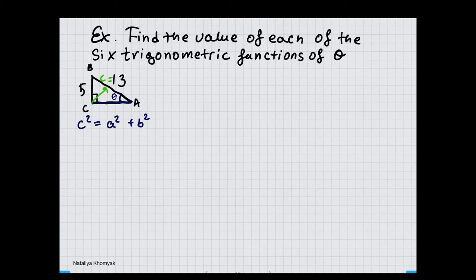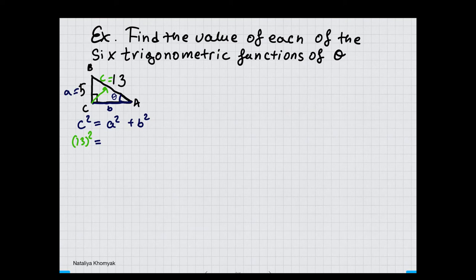So we have c squared is 13. The convention is you label the side the lowercase letter of the angle opposite to it, so 5 will be a and CA will be little b, but it does not matter how you label this as long as you figure out which one is the hypotenuse.